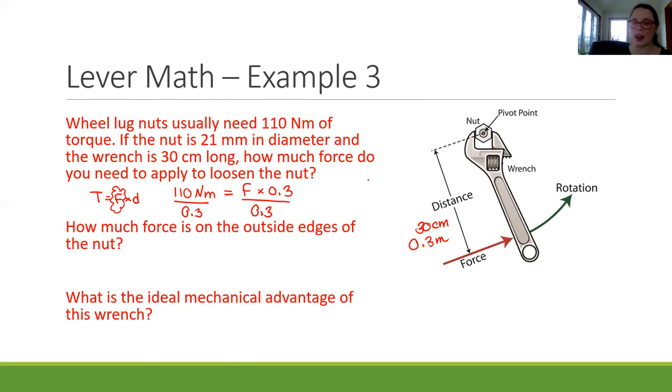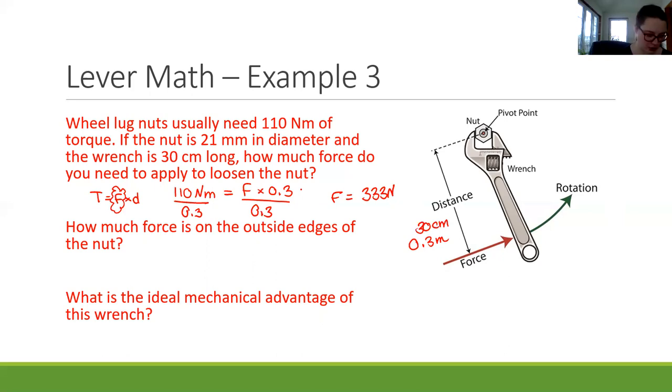How much force do you have to put in to get 110 Newton meters of torque? Well, the force is going to be equal to 333 newtons. Make sure that number actually works out right. 110 divided by 0.3.